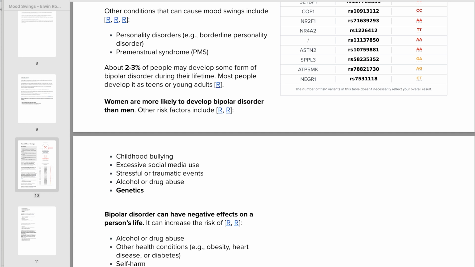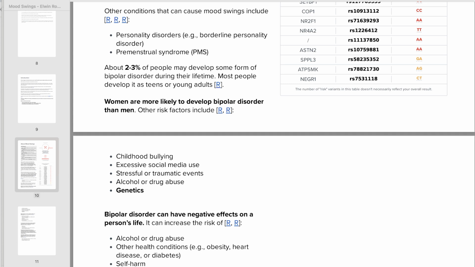But if they were to, one of the main things that starts off with, I think maybe it's written here. The things that will precipitate a full-blown shift into proper bipolar disorder are stressful trauma, alcohol, drug use, excessive social media use. Yeah, I'm not sure about that. I guess if it's excessive enough, and bullying.